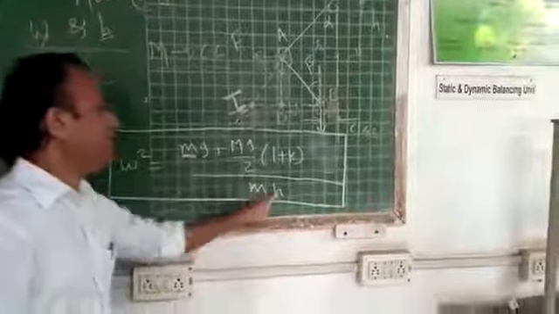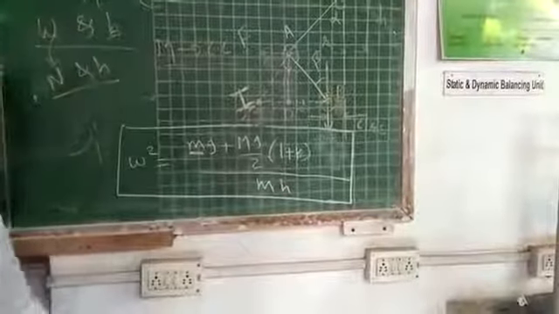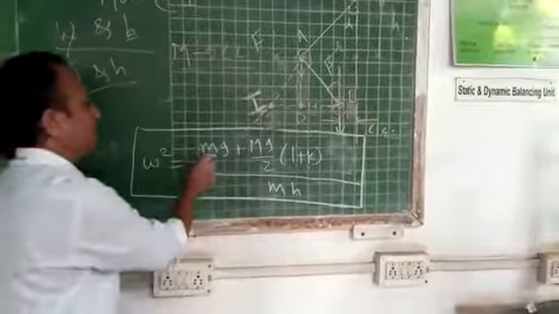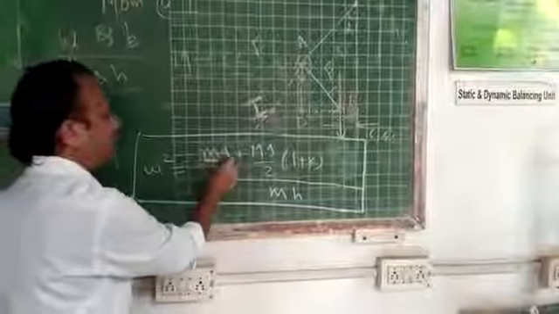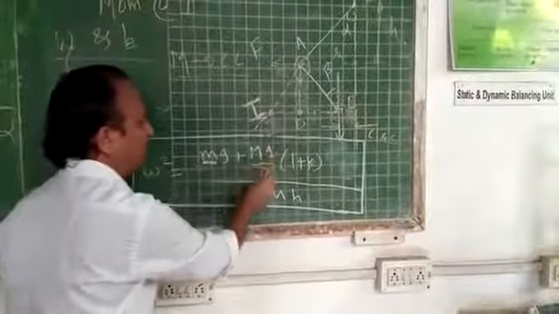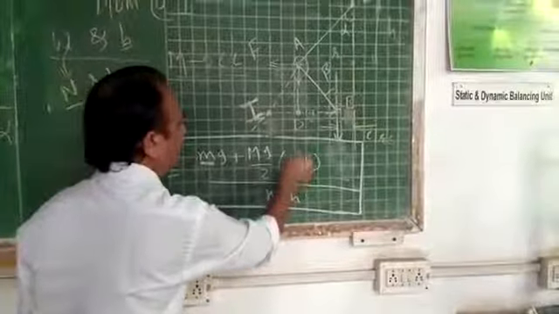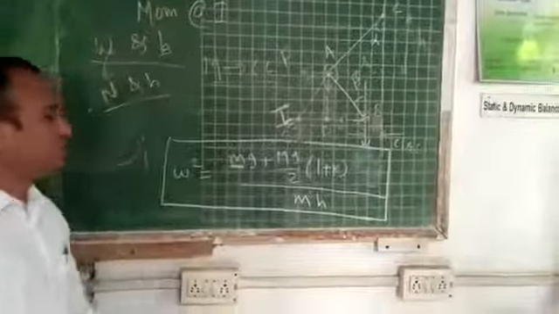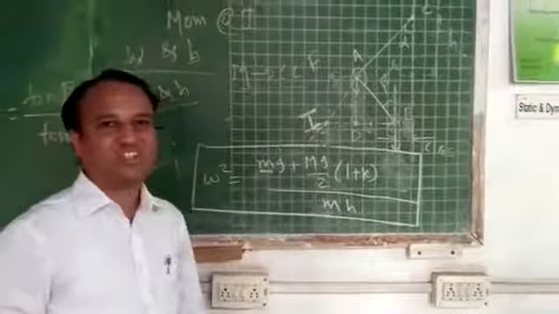divided by mh. Student, see, the numerator consists of small m into g plus capital M into g divided by 2, 1 plus k in bracket, and the denominator m into h.